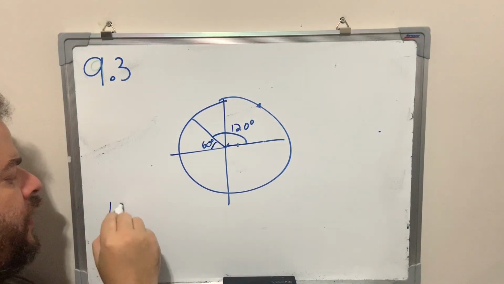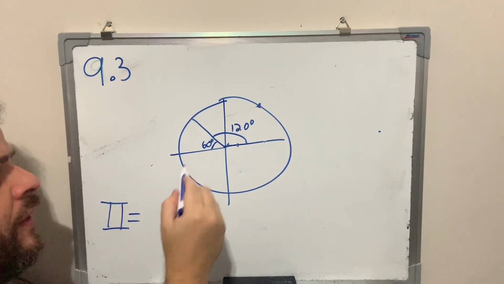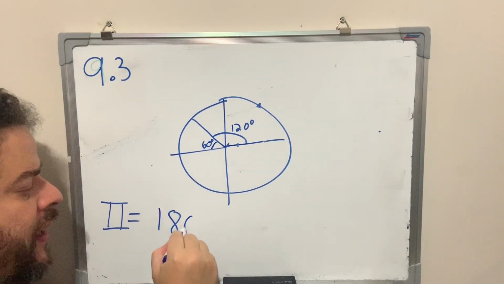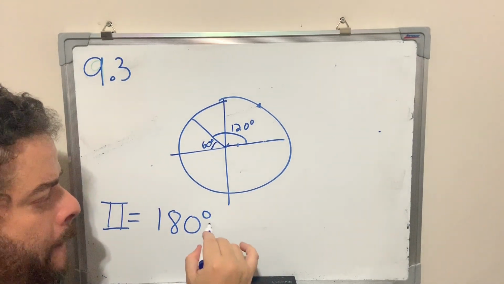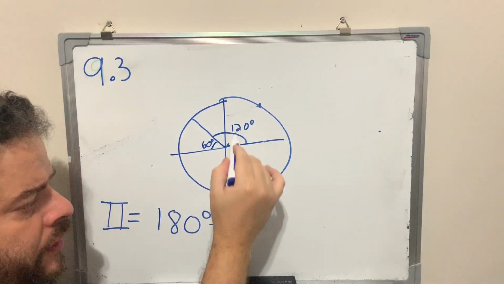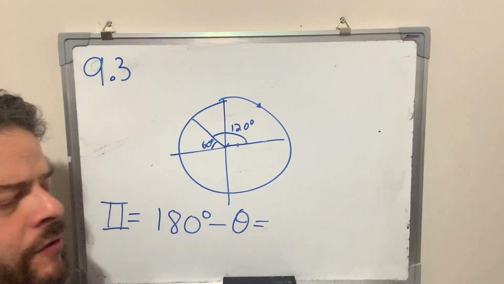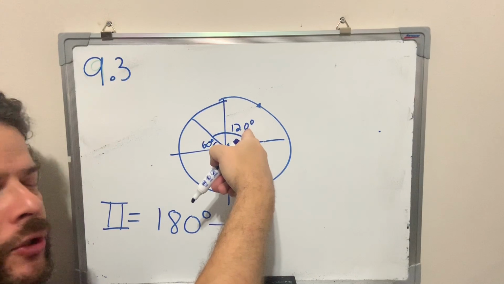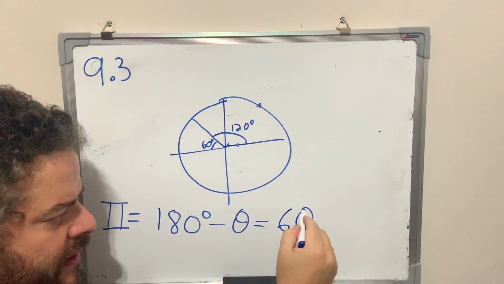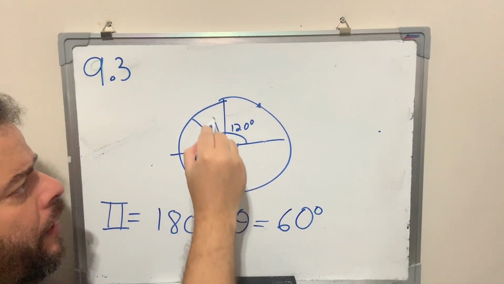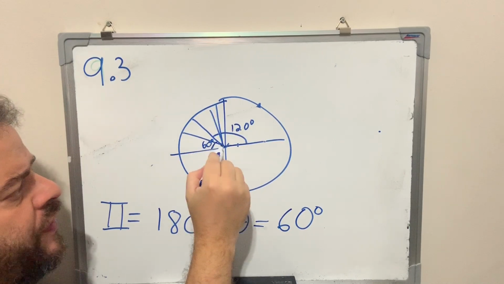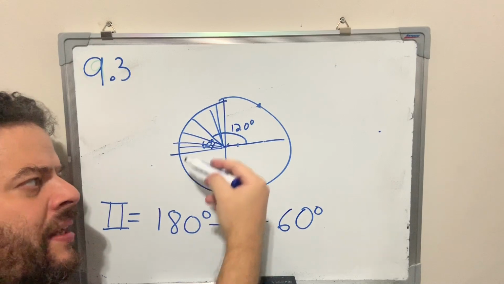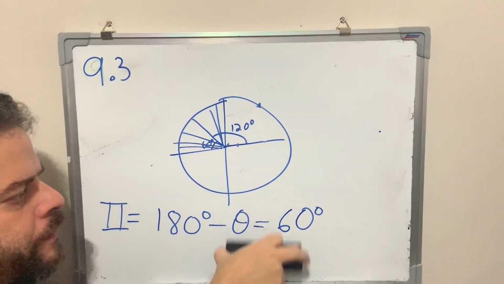So the formula is, when the angle falls in the second quadrant, it is 180 degrees minus the original angle. That gives you the reference angle. 180 minus 120 is 60 degrees. So no matter where that angle falls in the second quadrant, it's always going to be 180 minus the angle.